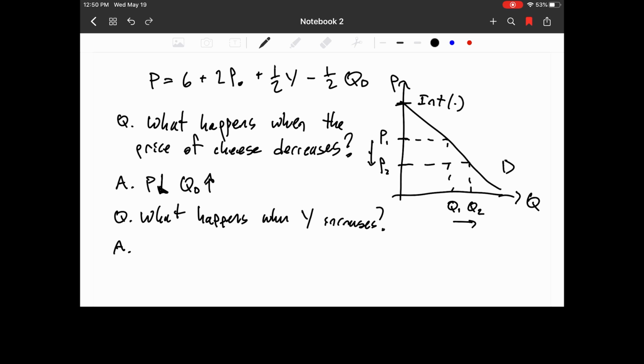To do it with big changes, we just plug in two different values of y. So originally our y was set to 24. In this case, we could set a second income level, maybe twice that. So 2 times 24, 48. And we could plug these in and see what happens to quantity when the income changes.